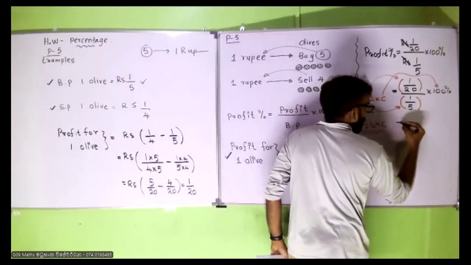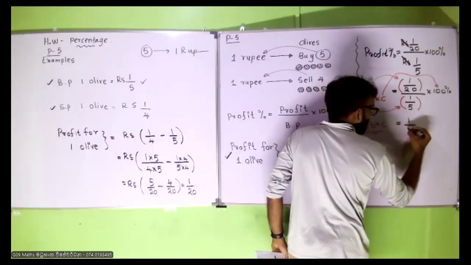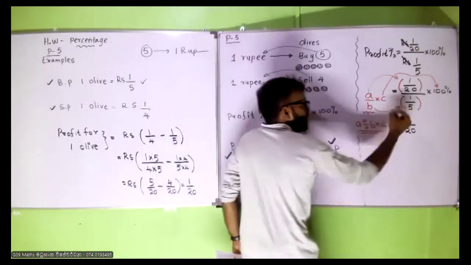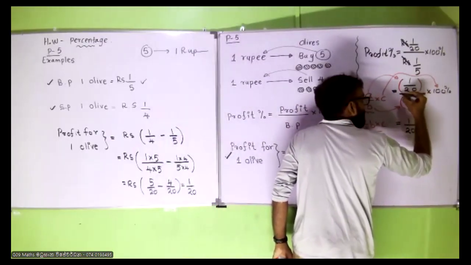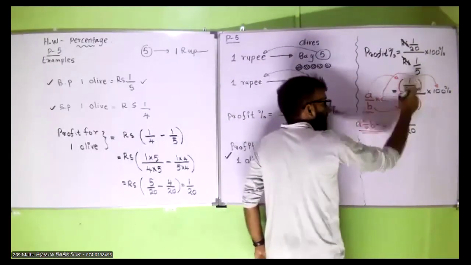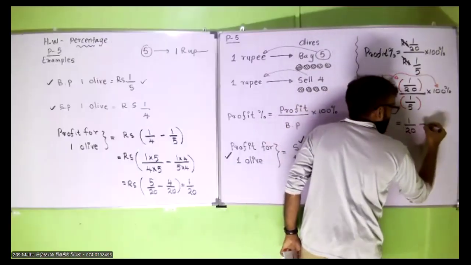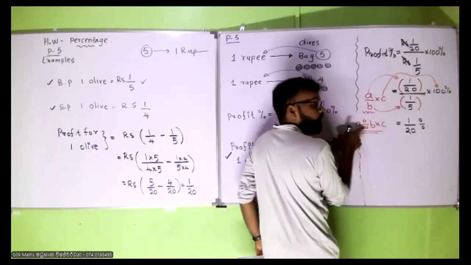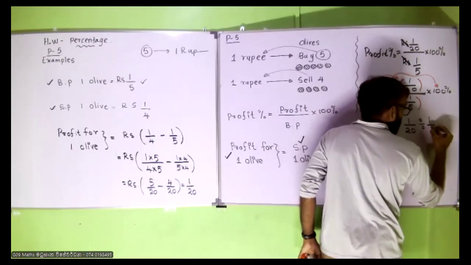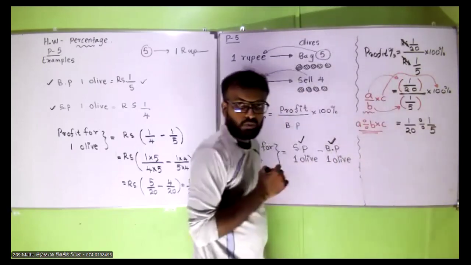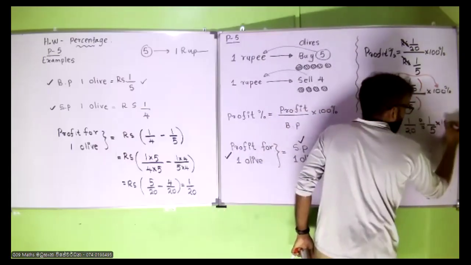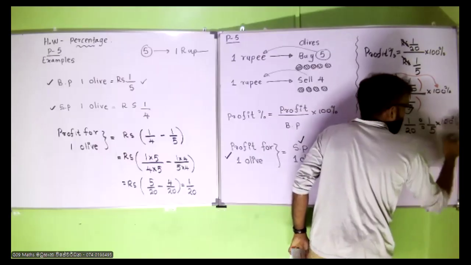Equal mark, 1 upon 20. Correct? Then this means division, right? Numerator divided by denominator. So A is this 1 upon 20, divide this one. B is the denominator, 1 upon 5. Multiply by C. C is my 100%.